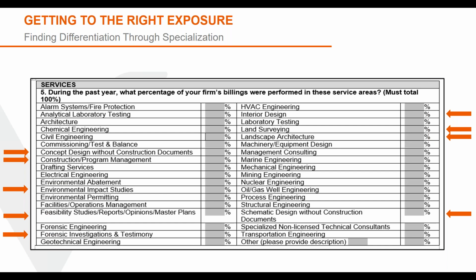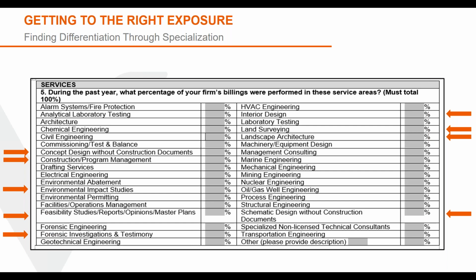Construction management is usually two different categories: at-risk construction management and agency construction management, which is what we are focusing on here on this app, where the insured is acting as the eyes and ears of the project owner, just making sure that the sub-consultants on the project are adhering to the plans.